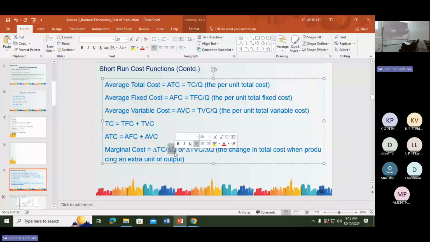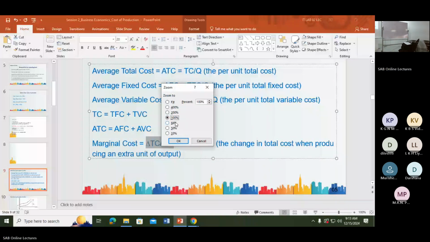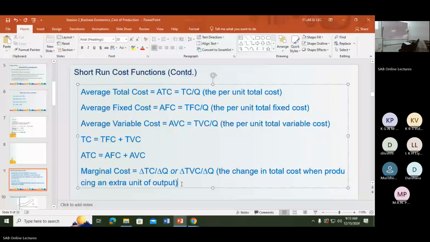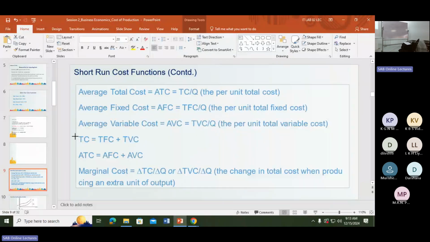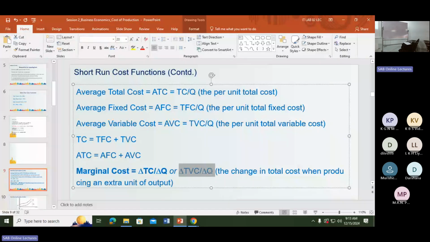Delta TC divided by delta Q. The same marginal cost can be calculated in another way. This is the other way of calculating marginal cost.